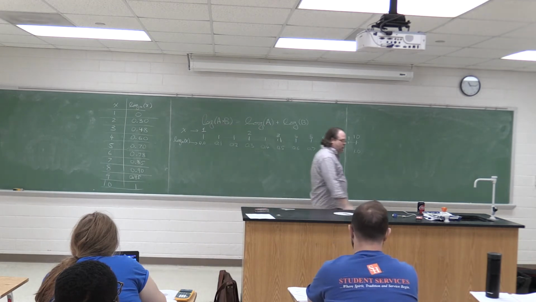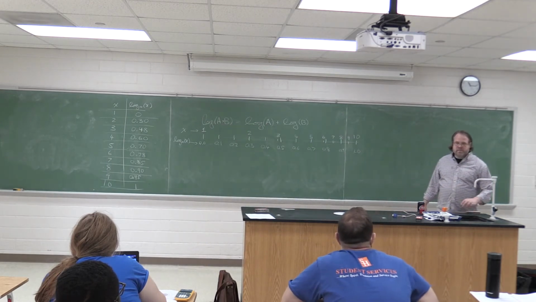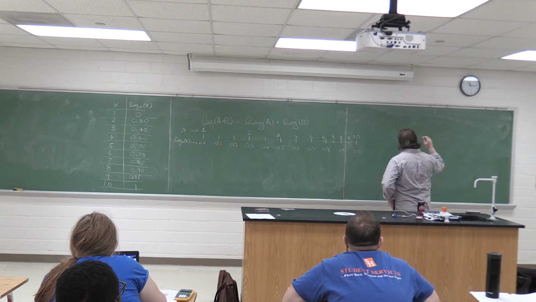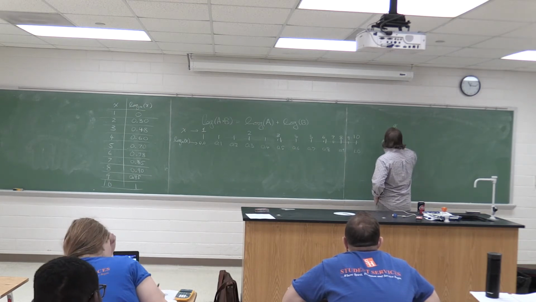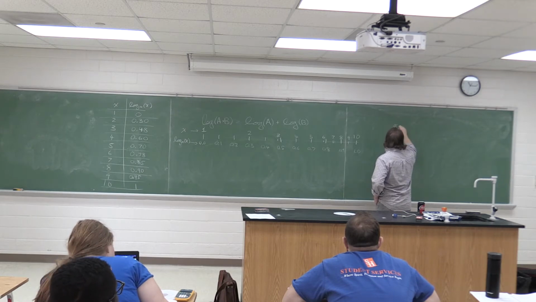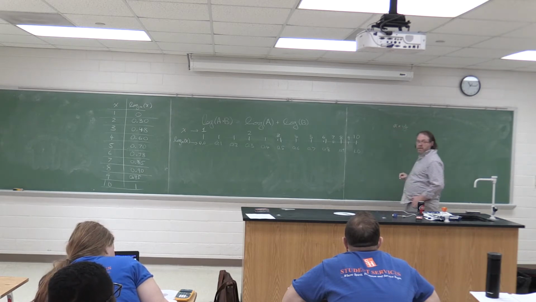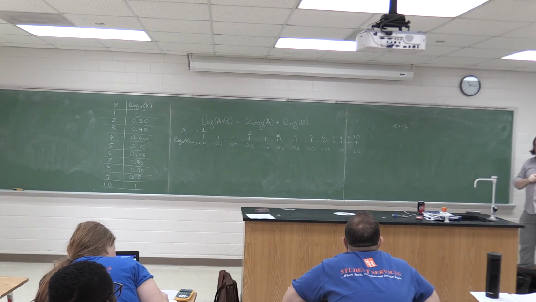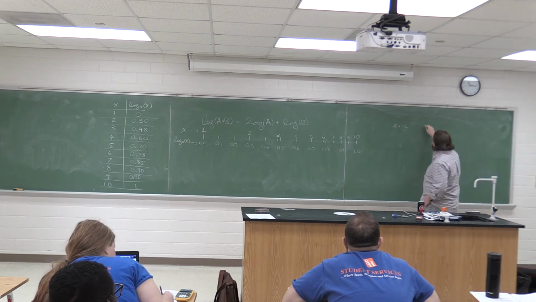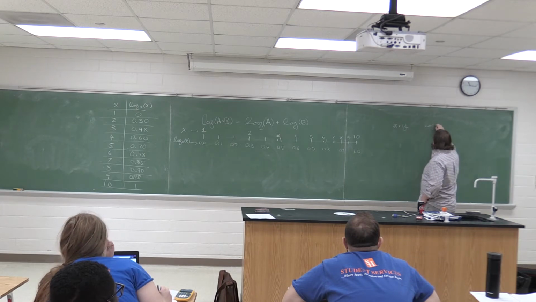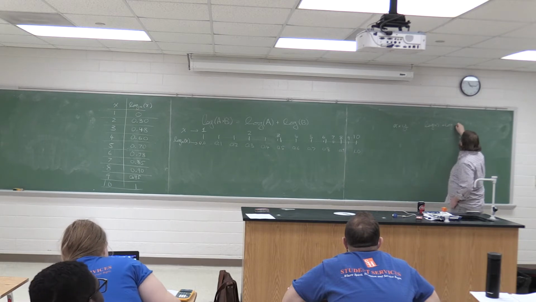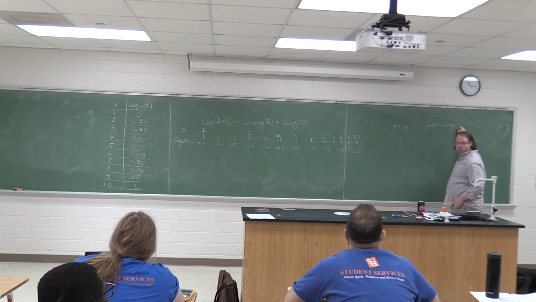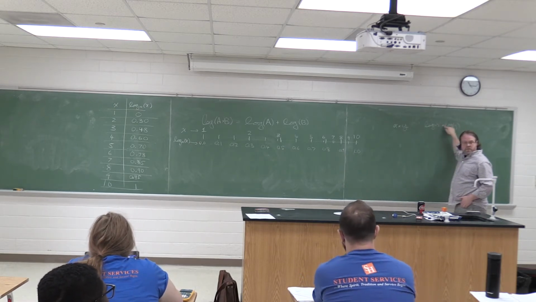Now, if I wanted to multiply two things, so for example, x times y, then I could write it as follows. I could take log x plus log y, which would be log xy.